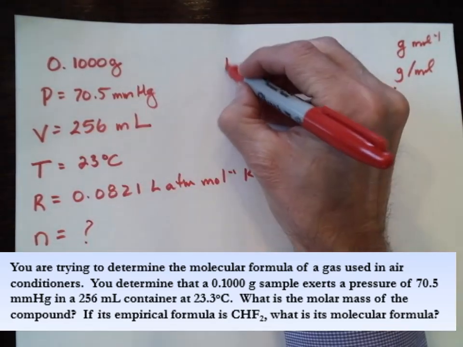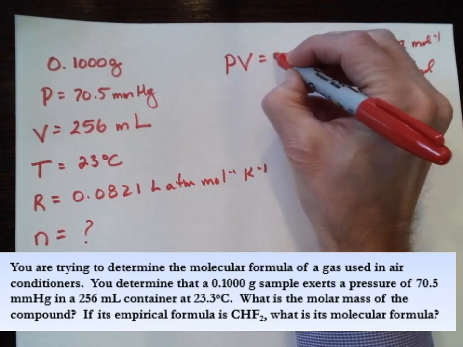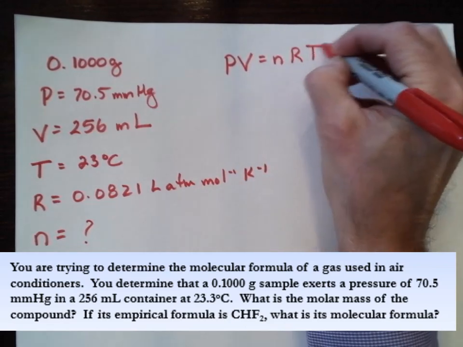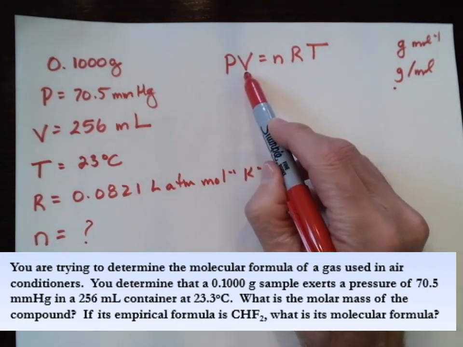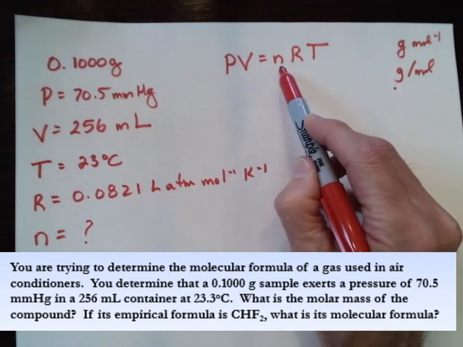So the equation we're going to use to find n is PV equals nRT. We have everything we need to find n.